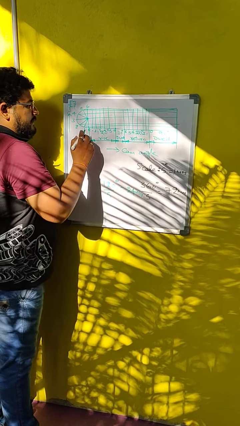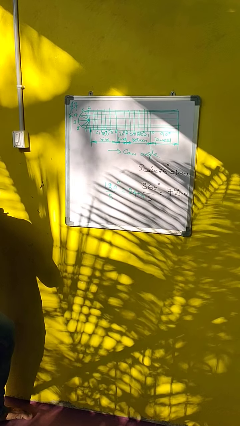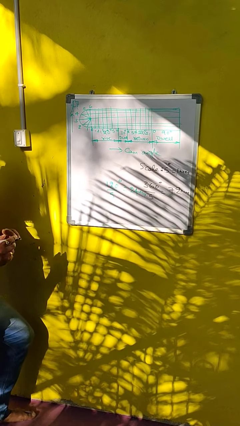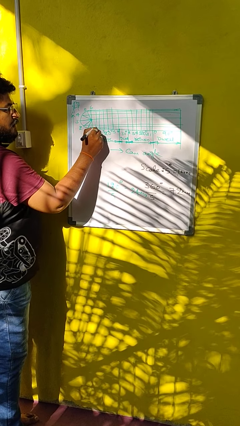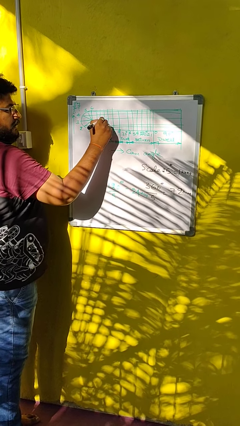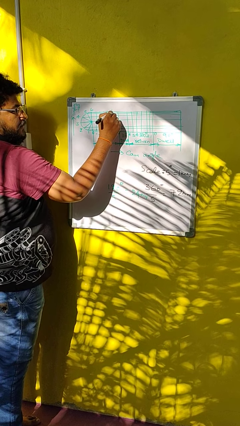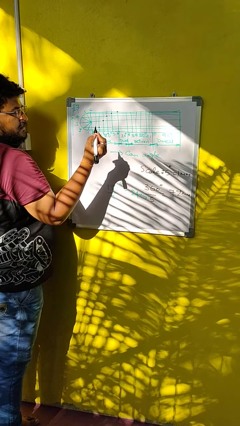Now let us join all the intersection points of the same numbers. 1 with 1, 2 with 2, 3 with 3, 4 with 4, 5 with 5 and 6 with 6.